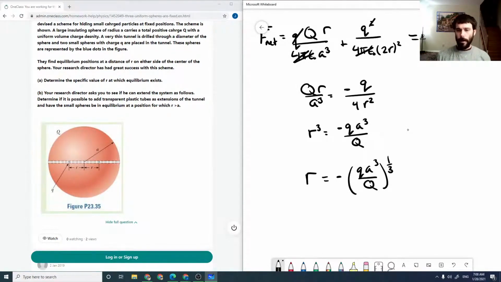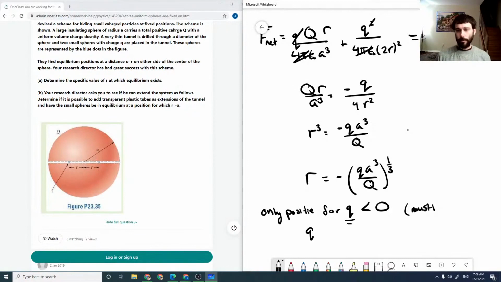Now this is a negative sign, meaning that our radius would be negative, so that's not possible. So it's only positive for q less than 0. Our big Q is given in the question as positive, so the little q must be negative.